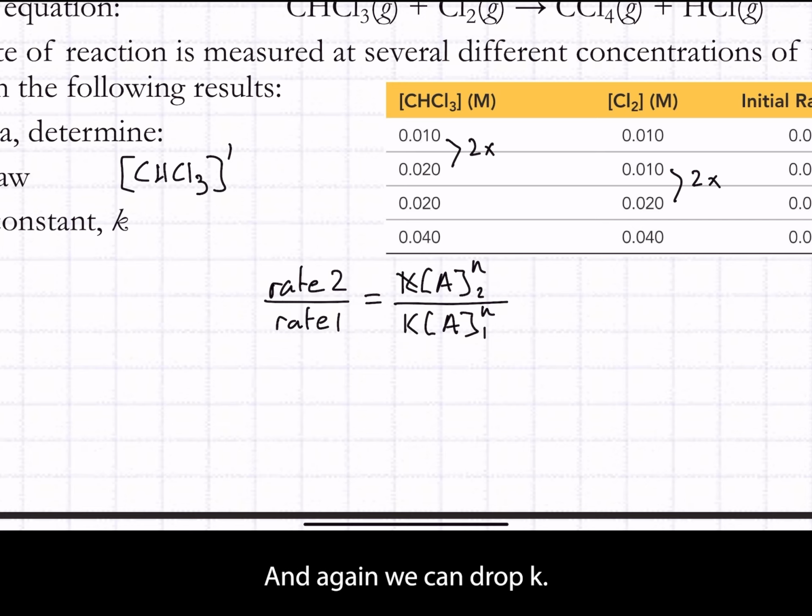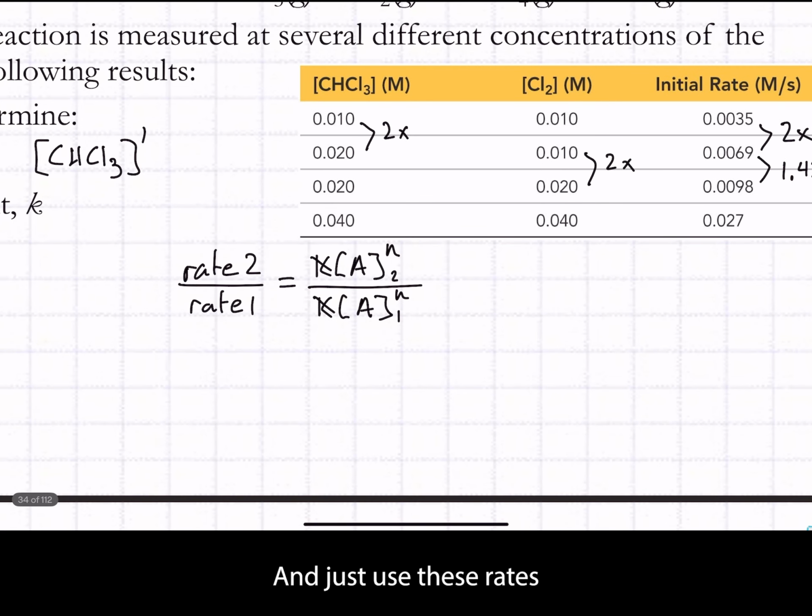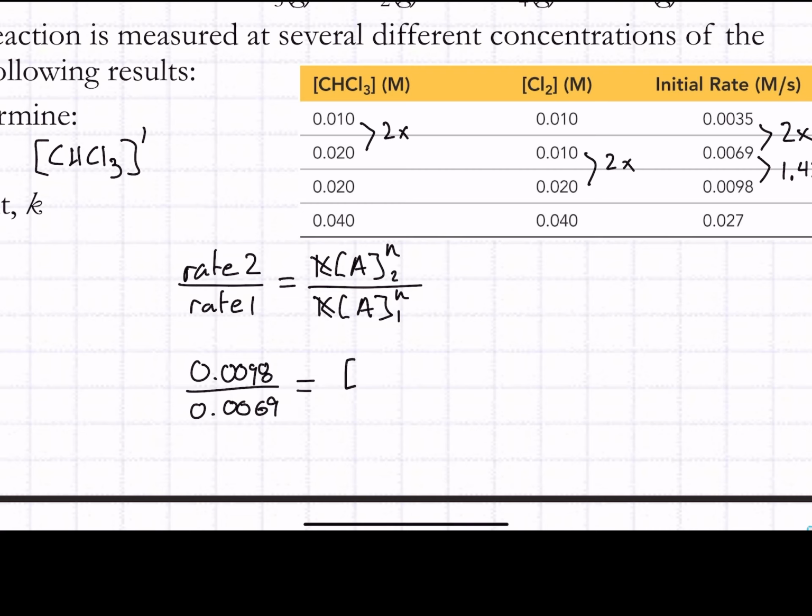And again, we can drop k and just use these rates: 0.0098 over 0.0069, and the concentrations, oh wait, we can fill that in, 0.02 over 0.01. That's raised to the n, and then solve for n.